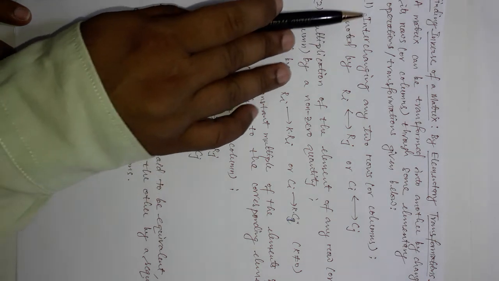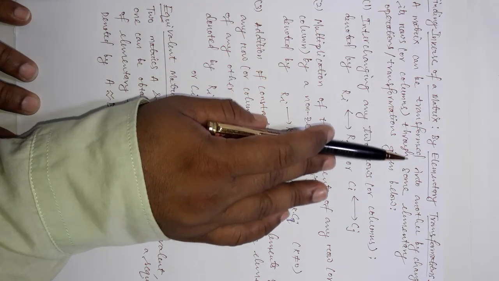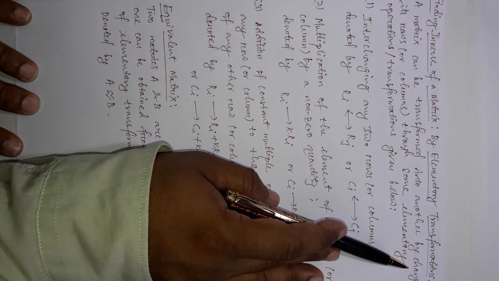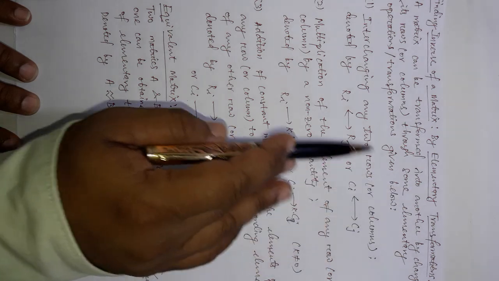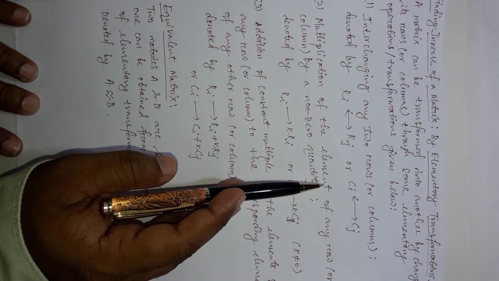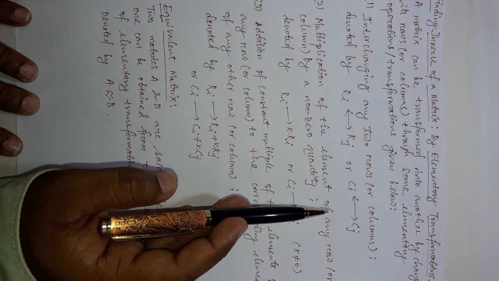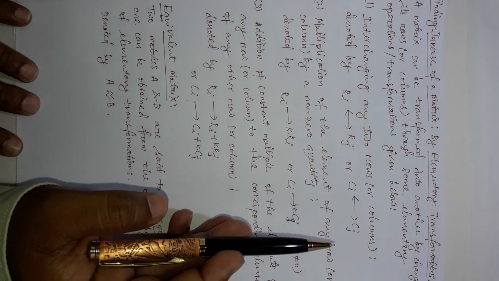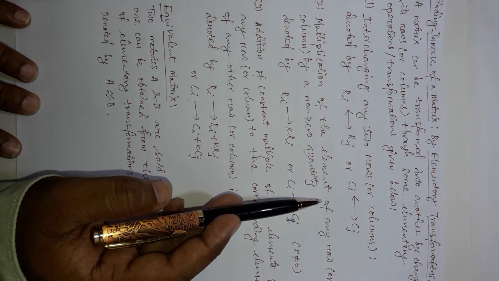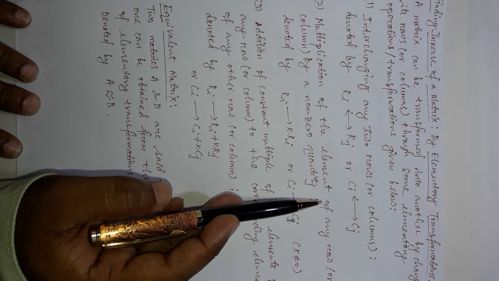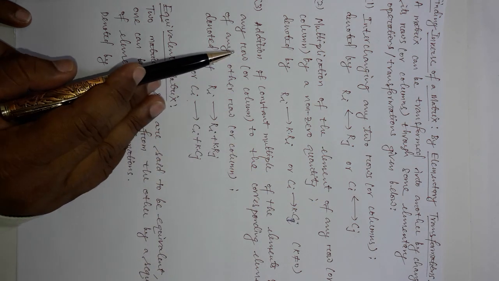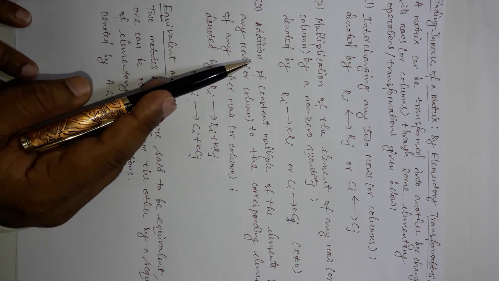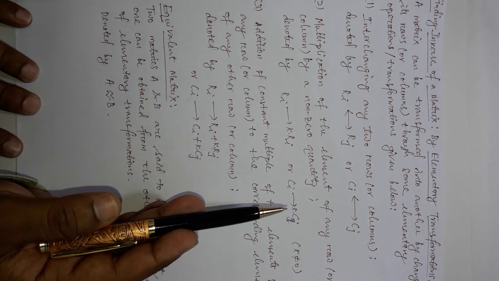No. It is already told to you that a matrix will be transformed into another matrix, it will become a new matrix. Then what is the relation between the first matrix, the original matrix, and the changed matrix?